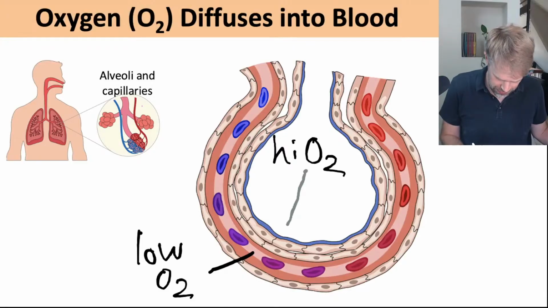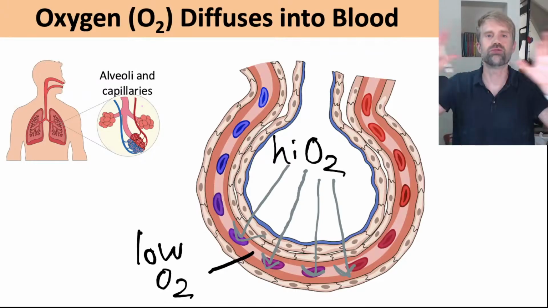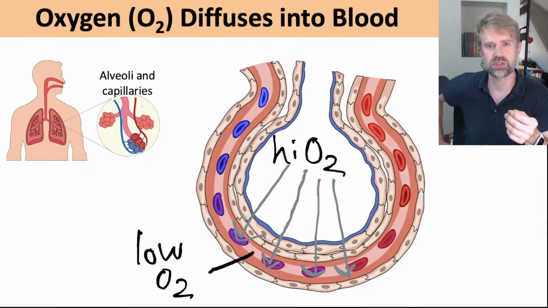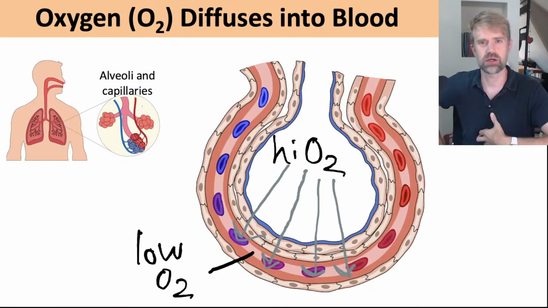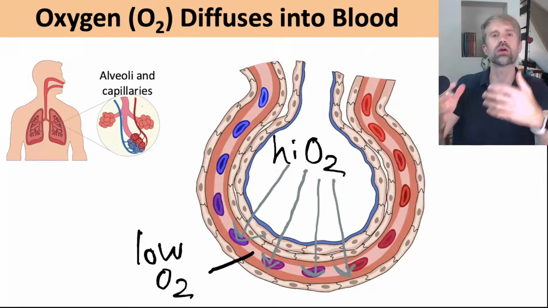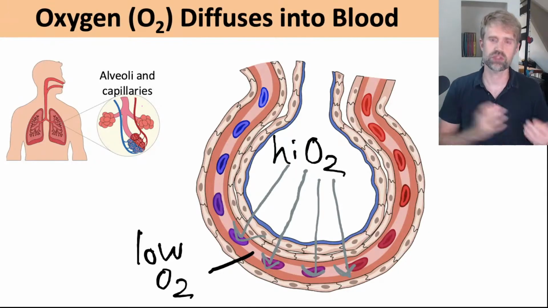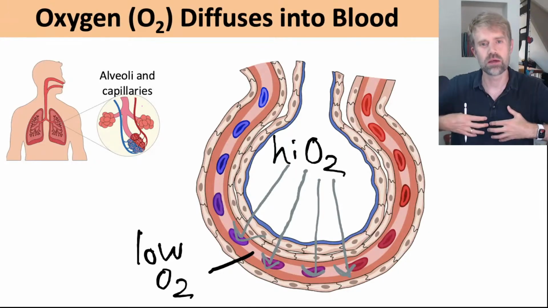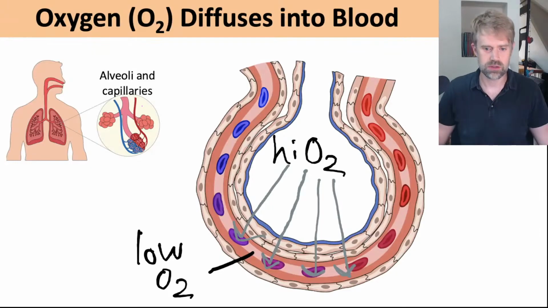Oxygen is able to pass through the cells and it's able to pass into the blood. It is diffusing. It's going on its own from an area of high oxygen concentration to an area of low oxygen concentration. That's why it moves into the blood from the lungs.